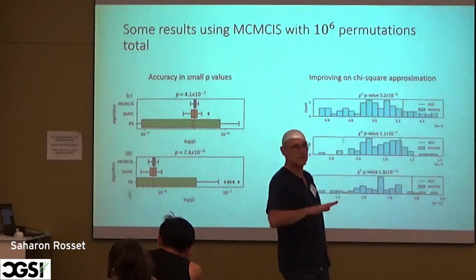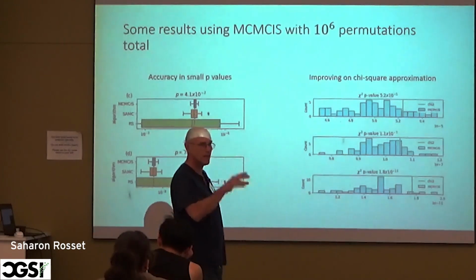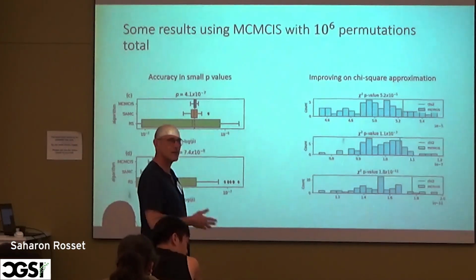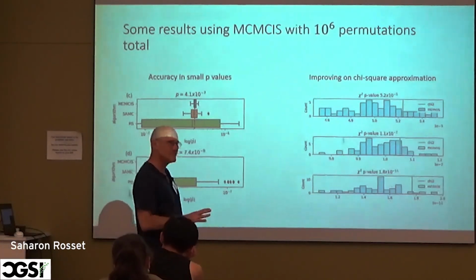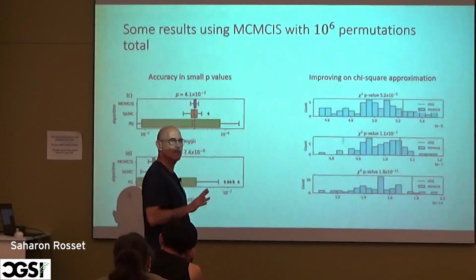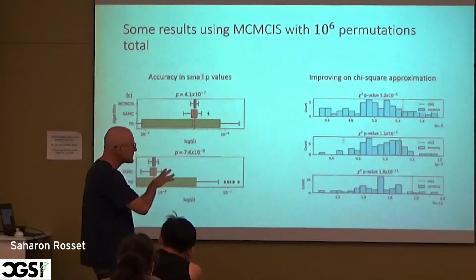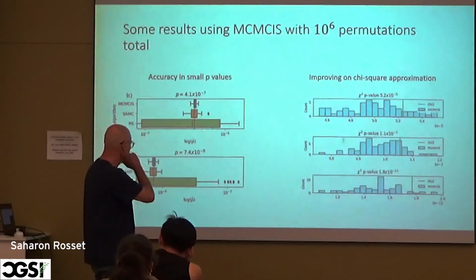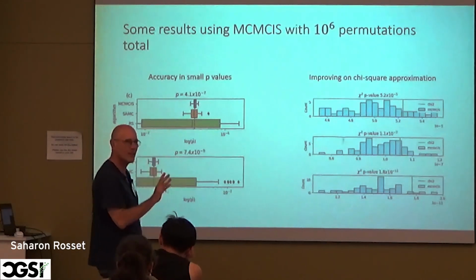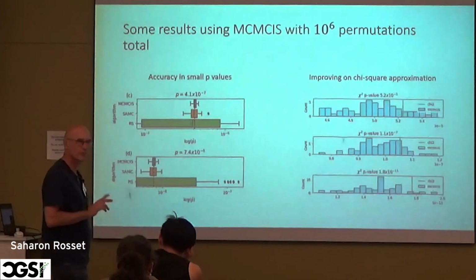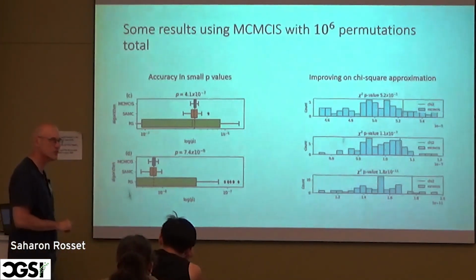So the number of permutations you have to do is not that big. You have to do a lot of work for each permutation because you have to run your entire GWAS for each permutation, so that's a slightly different setting. That would be a situation where you just worry about calculating tiny p-values, not about whether Bonferroni is the correct correction or not.